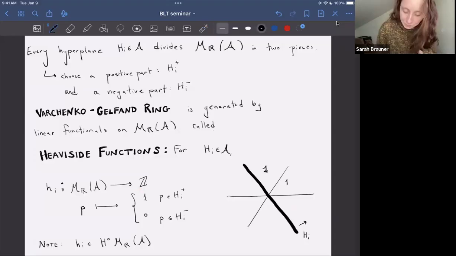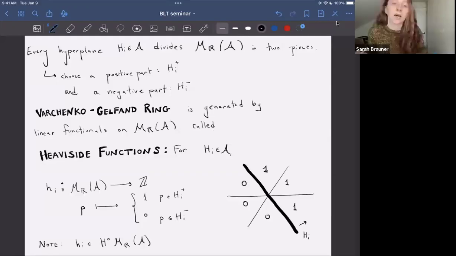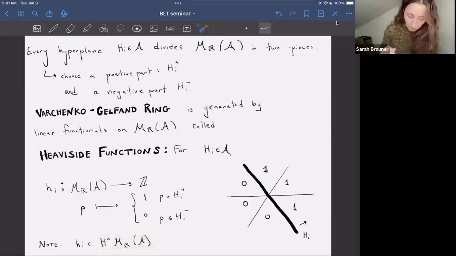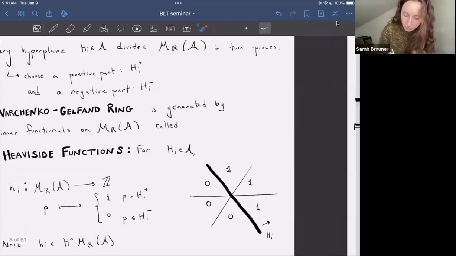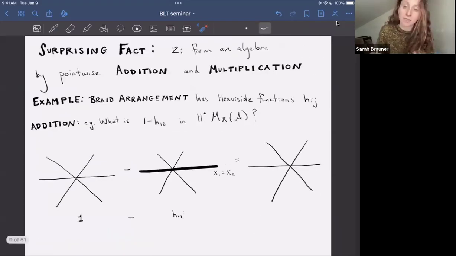The nice thing about these Heaviside functions is that they form an algebra by addition and multiplication pointwise. So I'm going to show you this with an example, the braid arrangement. In this case, the Heaviside functions are going to be indexed by h_ij because that's how my hyperplanes are indexed. And I want to show you an example of what 1 minus h_12 is in this ring. Well, I'm thinking about these as linear functionals.